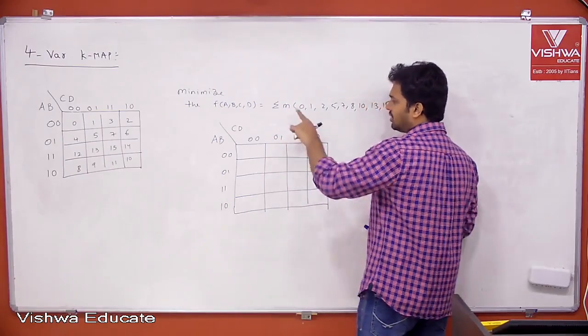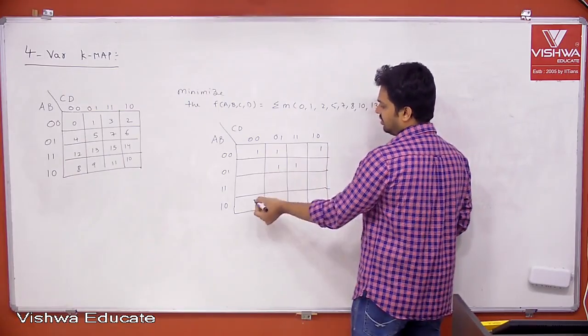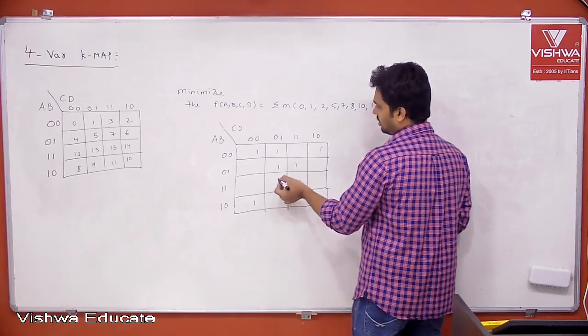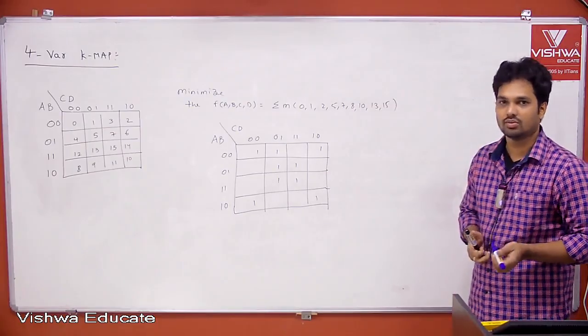These are the minterms we have in the K-map. Let us do the minimization.